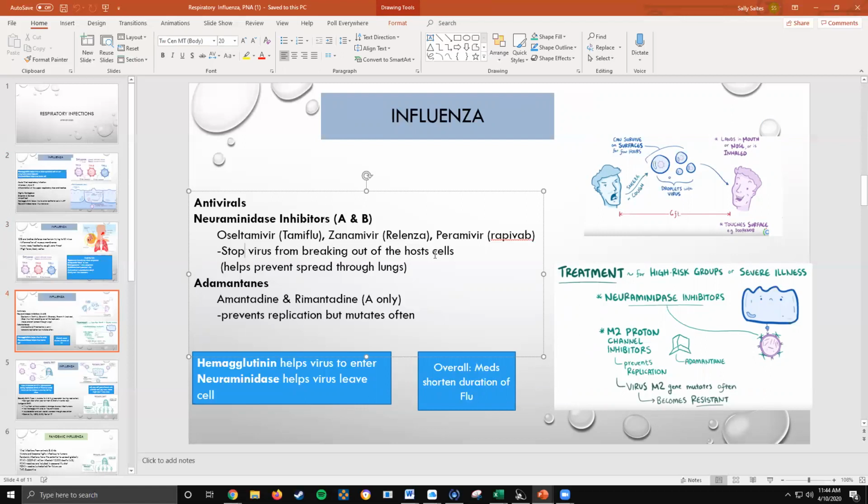And that's to stop the virus from breaking out of the host cell. So it helps prevent the spread through the lungs. And so that specifically inhibits the N in the H and N virus. And we have amantadines.